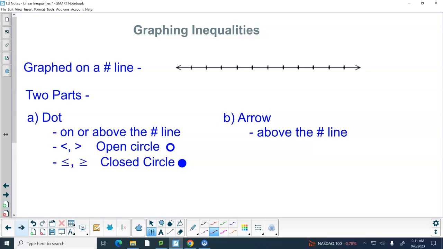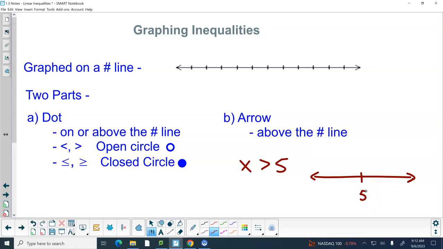So for instance, if we've got x is greater than 5, we want to graphically represent all numbers greater than 5. What we would like to see is a number line. The only number that matters is 5.